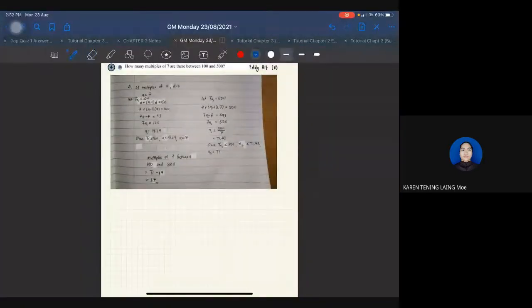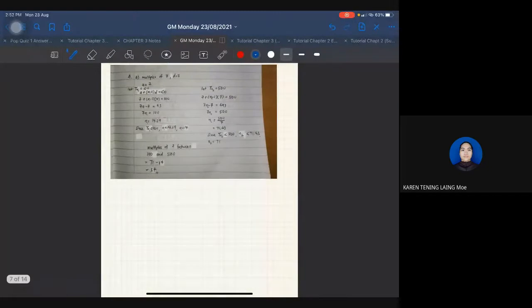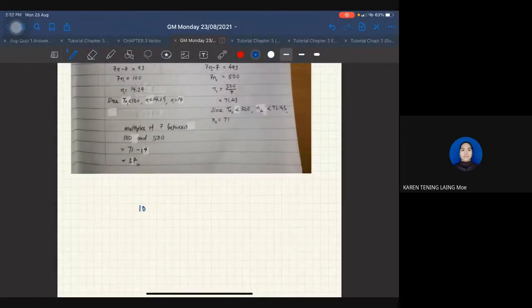Okay, so there is another method. Now we have a number between 100 to 500. So we have 100 and then 500. For this method, you need to find the first term that is a multiple of 7 after 100. If you press the calculator, you will get 105. So the first term after 100 that is a multiple of 7 is 105.